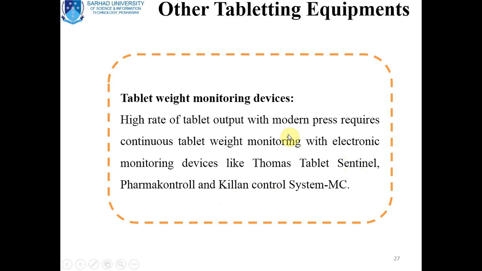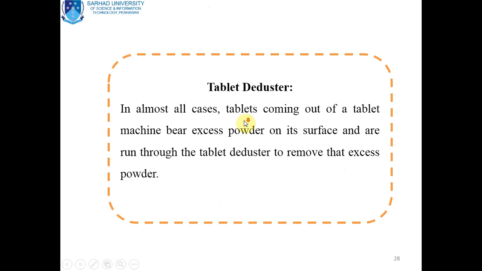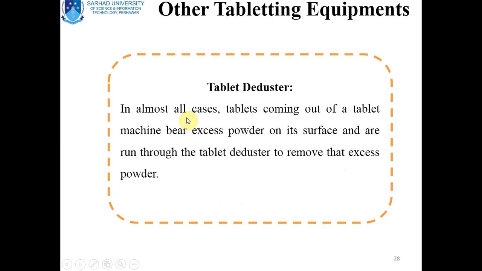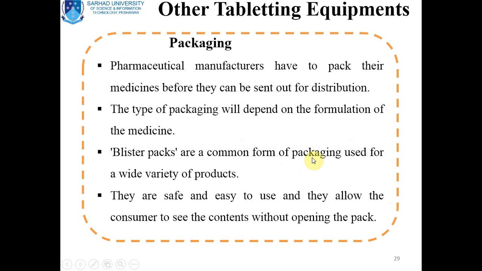Tablet deduster is also used. In almost all cases, tablets coming out of the tablet machine bear excessive powder on the surface that needs to be removed, so they are run through the tablet deduster to remove that excess powder.